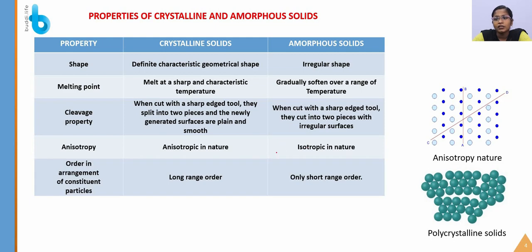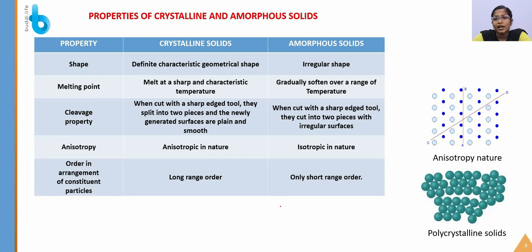Next is the order of arrangement. In crystalline solids, the order of arrangement is long range order, whereas in amorphous solids, it is only short range order. And next is the anisotropy nature. These are very important from your exam point of view, because they can ask in 3 marks or also as a sub question in a 5-mark question, the difference between crystalline and amorphous solids. You must know at least 4 to 5 differences between these two solids.